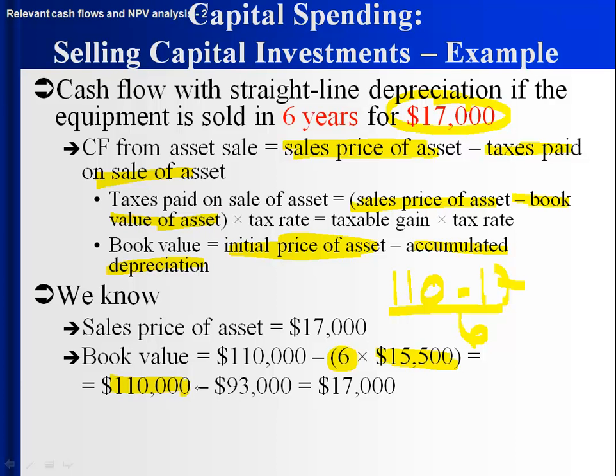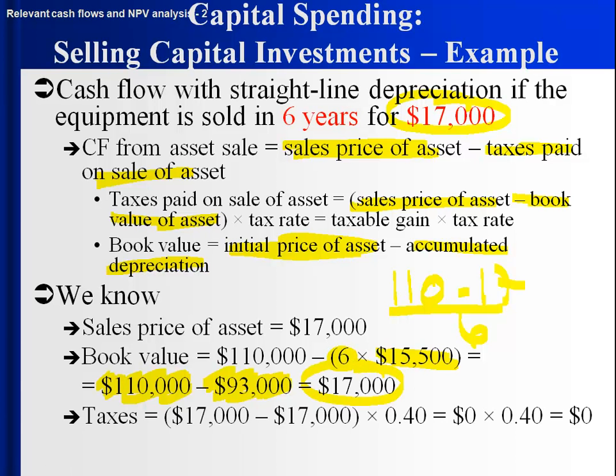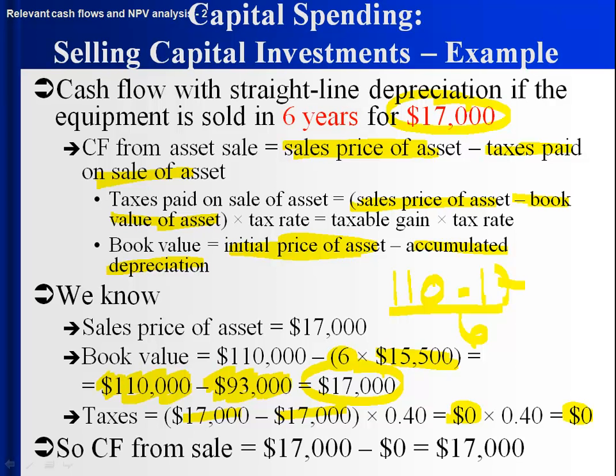So we bought it for 110, and we took $93,000 in depreciation. At the time that we sold it, it was only worth 17. So if we sold it for 17 and it was worth 17, there was no taxable gain and there were no taxes. So we got a $17,000 check, did some accounting and realized that we had no taxable implications. $17,000 is our cash flow from the asset sale.